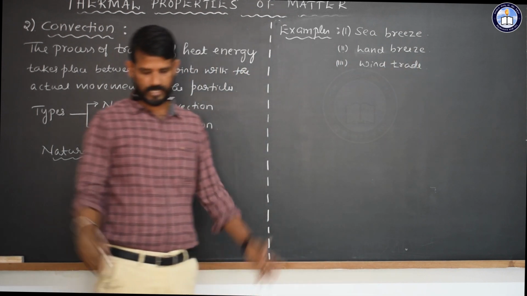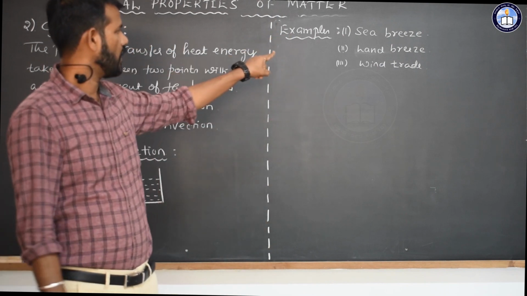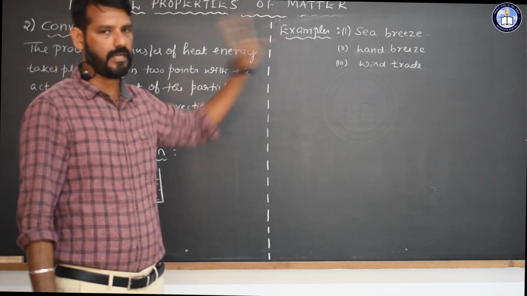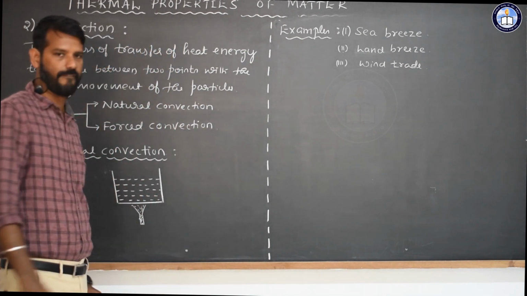These are the phenomena that take place in the atmosphere: sea breeze, land breeze and wind trade. These are the best examples for natural convection.